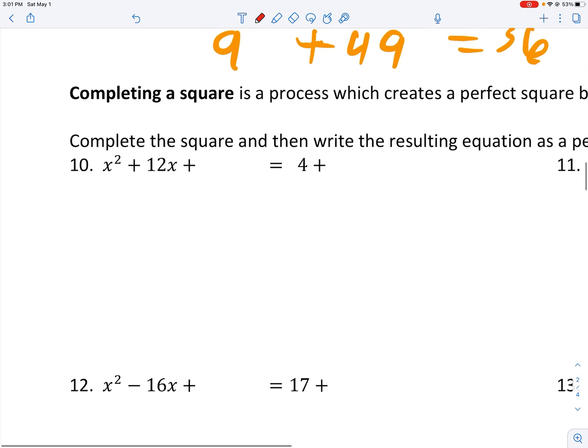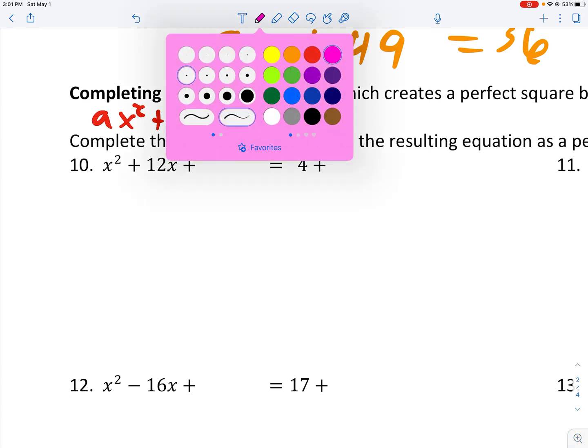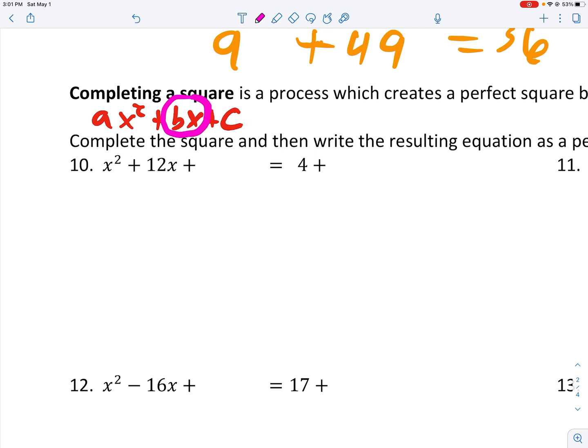To complete the square, you take the b term, which is the term that has the x. Remember, a quadratic is ax squared plus bx plus c. So the b term is the term that has x to the first power. The x squared, the a term, has to be a 1. We take the b term, in this case 12, and divide it by 2.